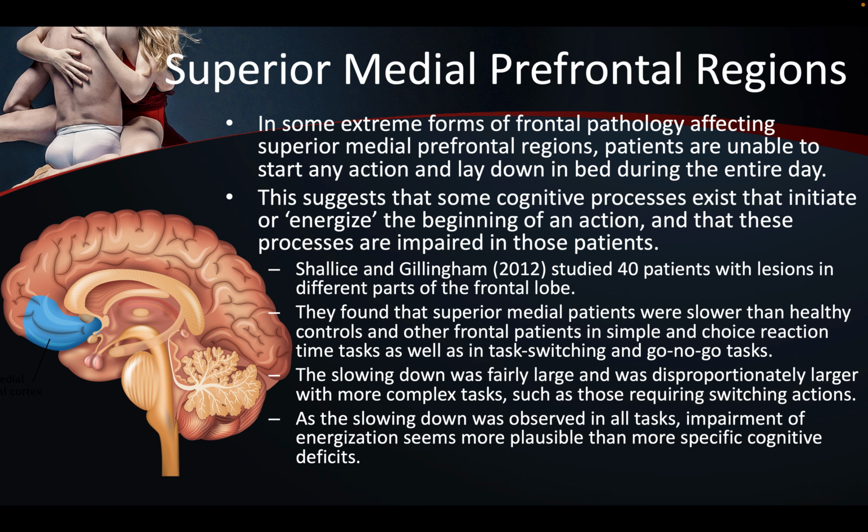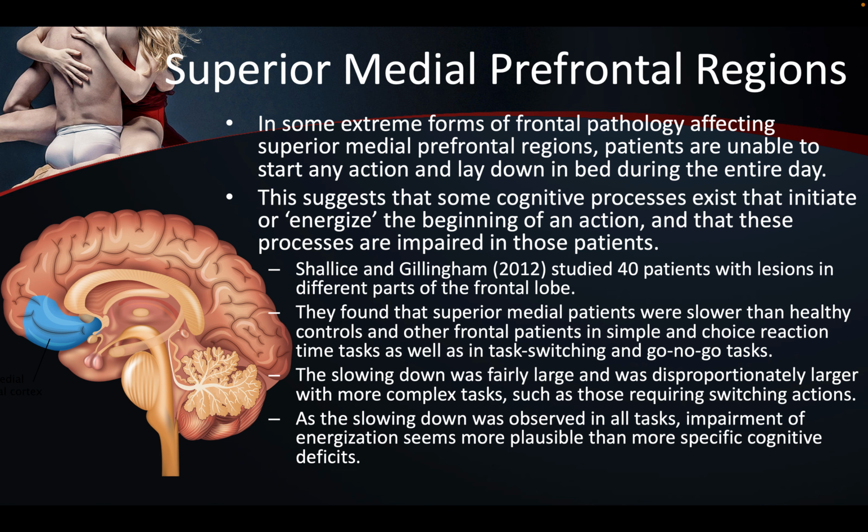Stuss and Gillingham in 2012 studied 40 patients with lesions in different parts of the frontal lobe. They found that superior medial patients were slower than healthy controls, and other frontal patients in simple and choice reaction time tasks, as well as in task switching and go/no-go tasks.